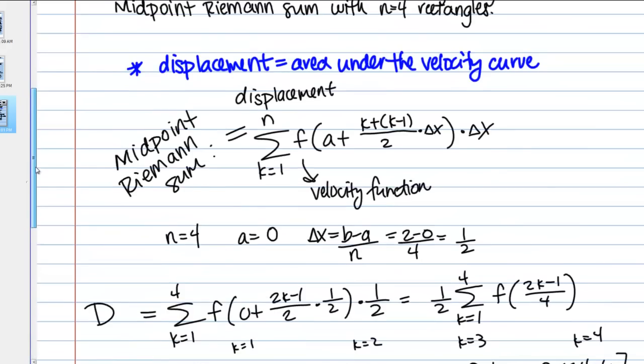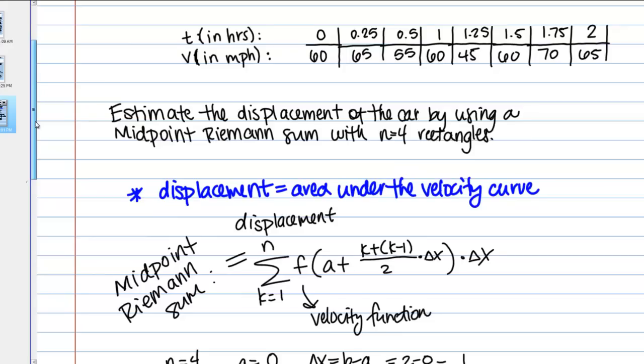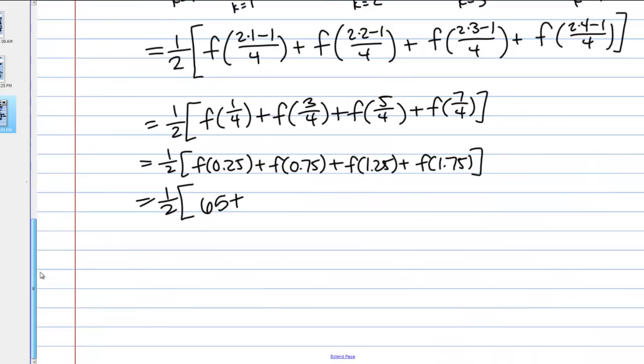F of 0.75 is, oops, I forgot a value on our table. Alright, sorry about that little typo, so I filled that back in. So at 0.75 hours, we were going 70 miles per hour, so 70.